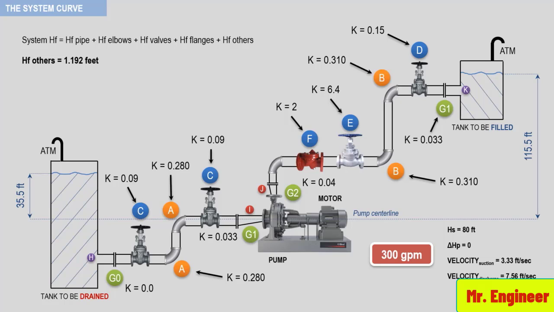Now we have all the information to calculate the friction head in the system. Substituting for the friction head in the pipe, elbows, valves, flanges, and others, we then have the following. So the friction head in the system is equal to 12.6 feet.